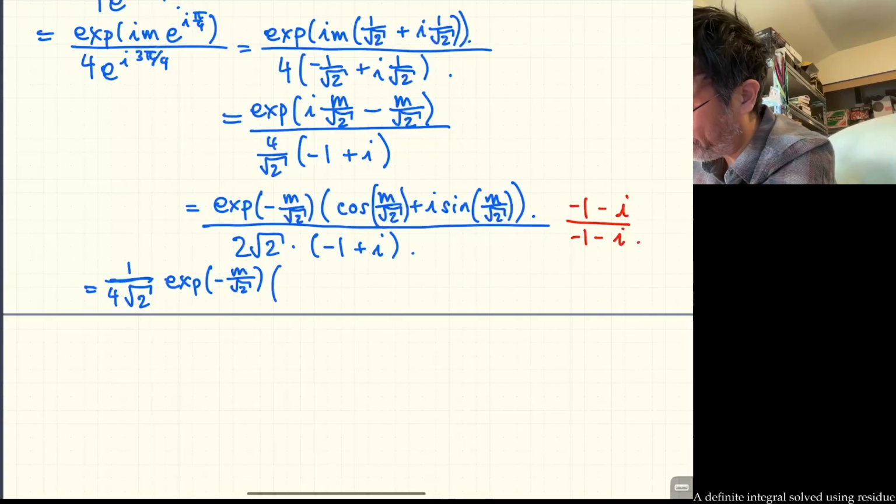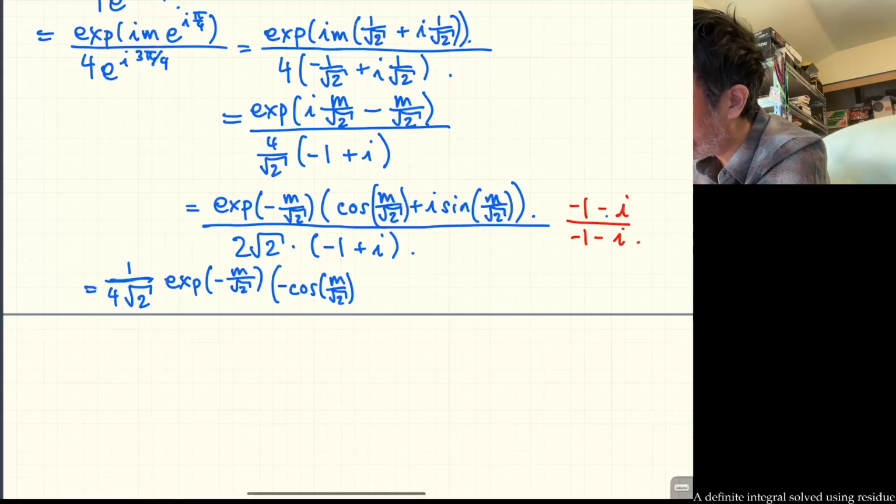And if I do that, oh boy, I get negative cosine m over root 2 minus i. Well, actually, I want to track the real parts first. The other bit of the real part is going to come from i times negative i, which is plus, right? i times i is negative 1, so then the negative, yes, plus sine of m over root 2.